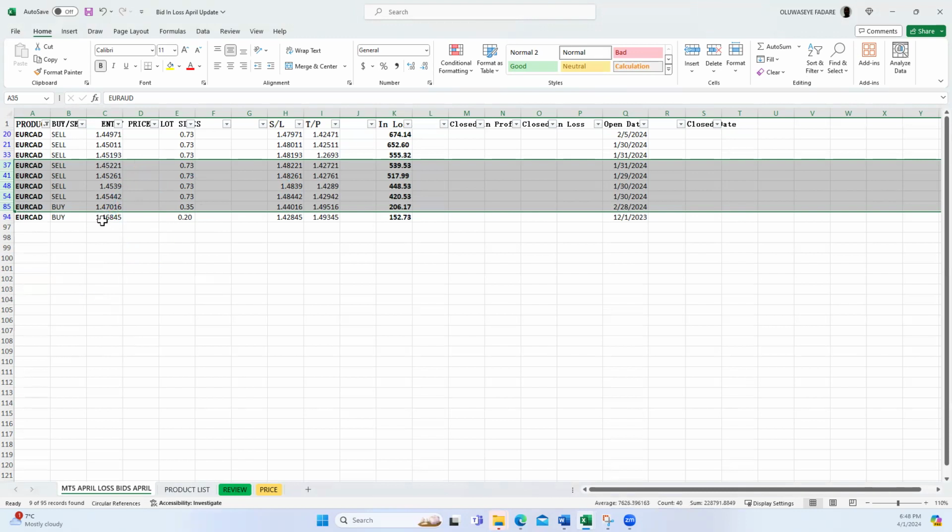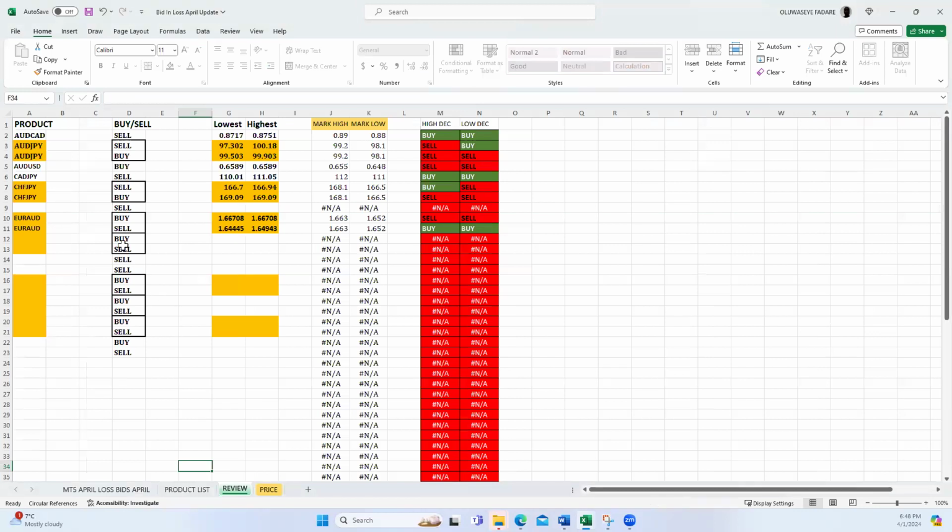That is the same way we are going to complete all the information and get the correct data. Once we have the data, it will be used to plan for the rest of the month of April. We'll be able to know when the market is buying and when it is selling, and when to put our risk positions or our control positions for the rest of the month.